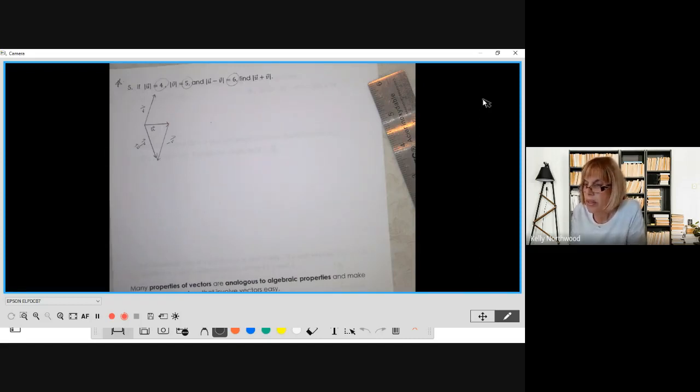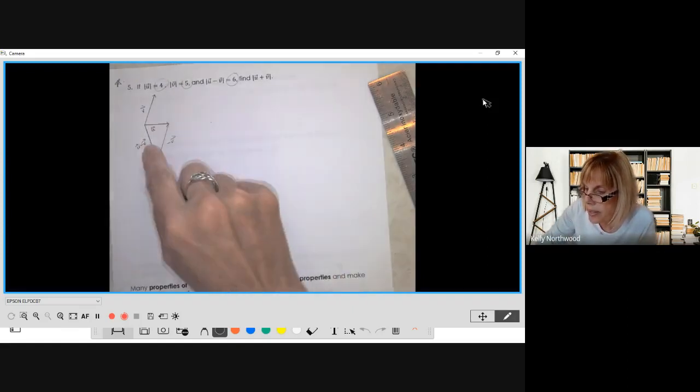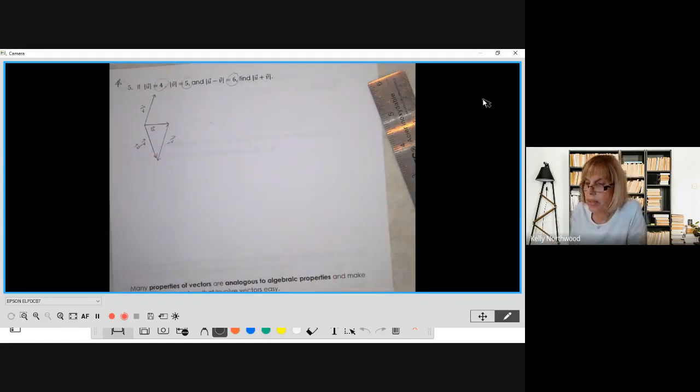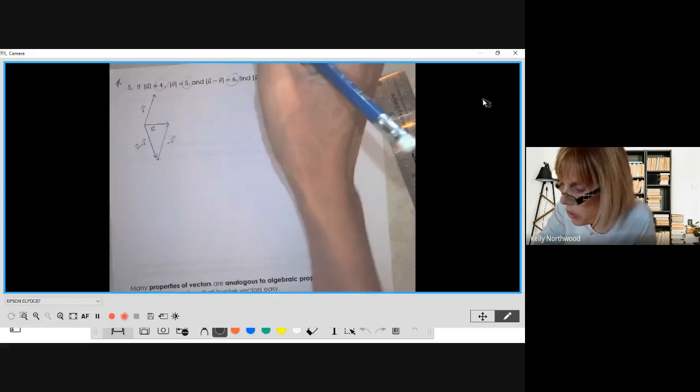So if we know this side's 4, this side's 5, and this side's 6, which angle is going to be the largest angle and why? Okay, well, the largest angle is always between the two smallest sides.